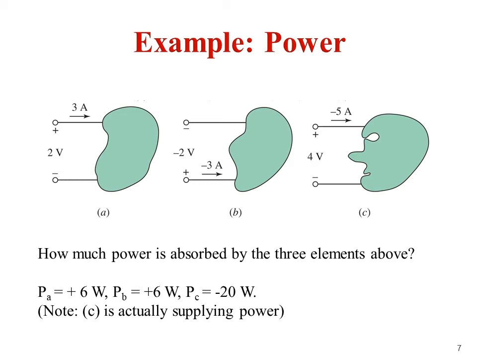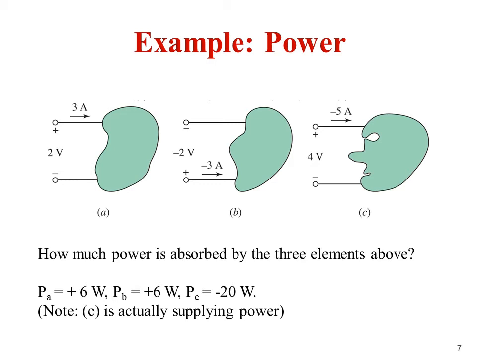While coming to diagram C, here 4 volts of voltage exists between two terminals and minus 5 amperes of current is flowing. If we calculate the power, we get minus 20 watts. So what is the note we need to make? C is actually supplying power.